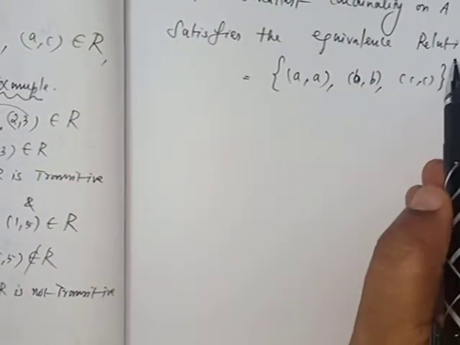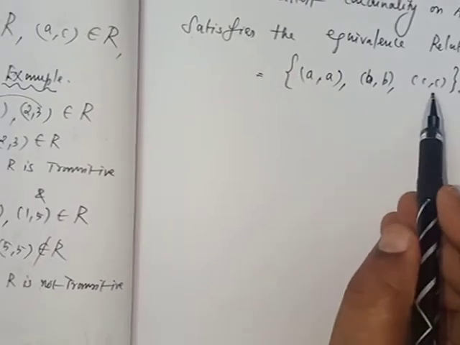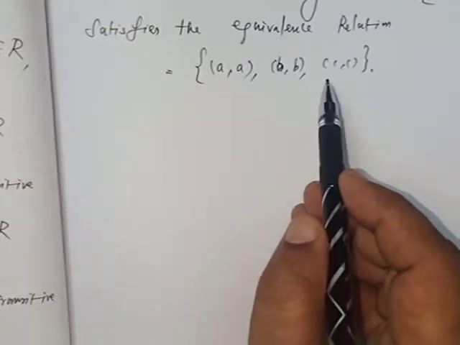The smallest cardinality on A which satisfies the equivalence relation is (A, A), (B, B) and (C, C). How is it?